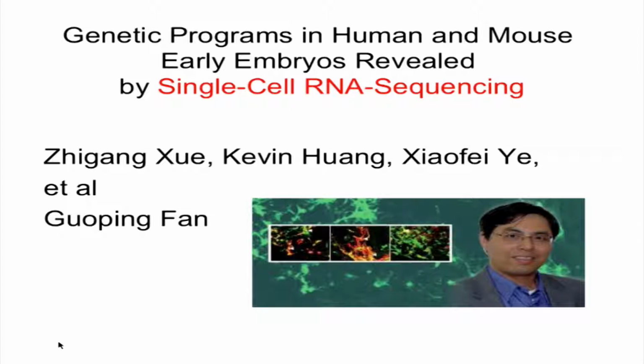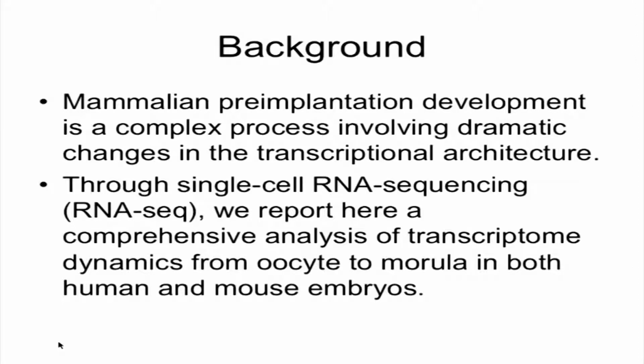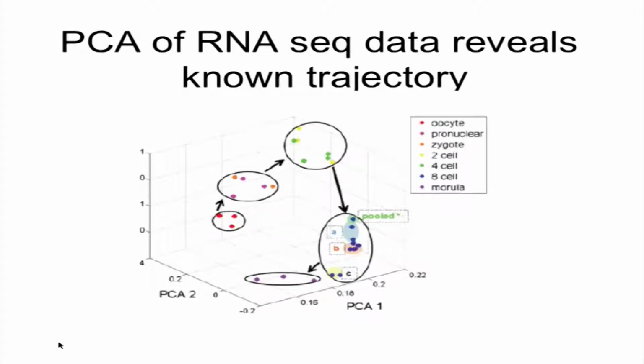And to give you a sense what the data look like, and to review pre-implantation development, remember you start with an oocyte. And so there were 3 oocyte cells from humans. And then it goes to pronuclear cells and zygotes, and then you get a 2-stage and 4-stage and 8-stage, and then the morula, and finally it implants.